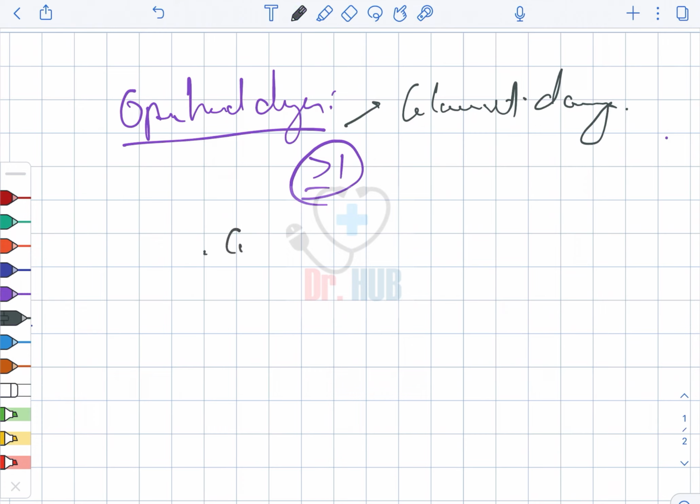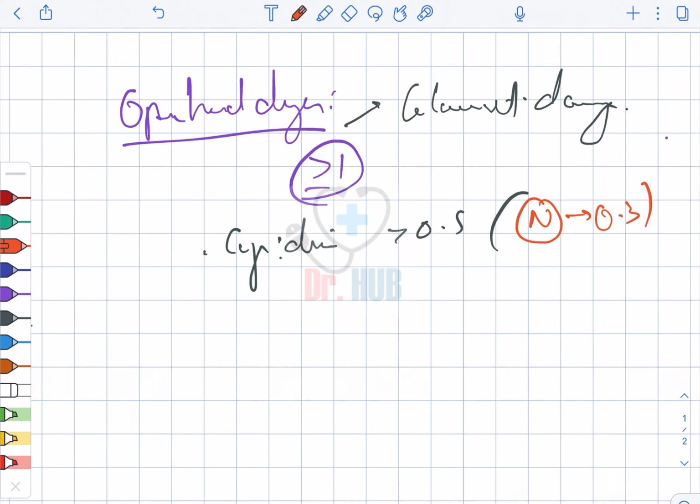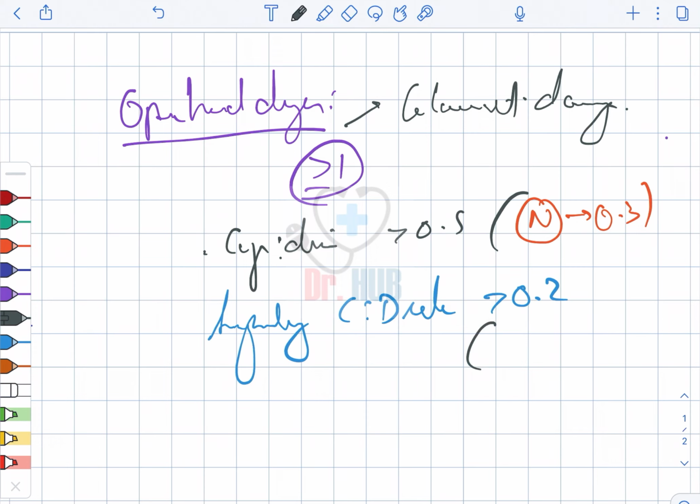The cup disc ratio is greater than 0.5, and the normal value is about 0.3. Then looking at the asymmetry, the C to D ratio is greater than 0.2 between both eyes.